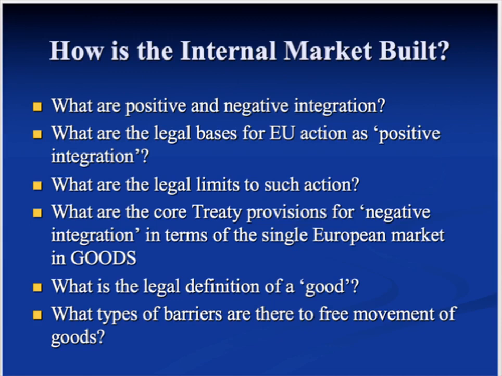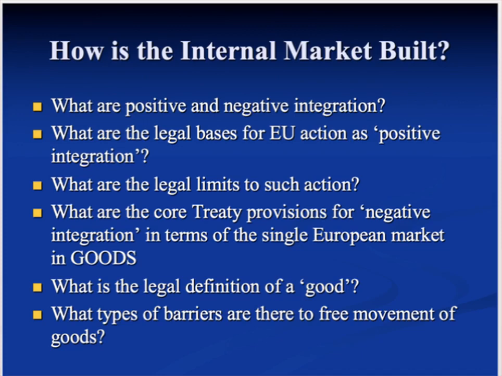And then we've started looking at the core treaty provisions for negative integration in terms of the single European market. And we looked at, in the last lecture, all of the different types of factors of production that move in the internal market. And here we want to focus on the provisions on goods, on products. I don't think we've yet covered what the legal definition is of a good or a product in EU law.